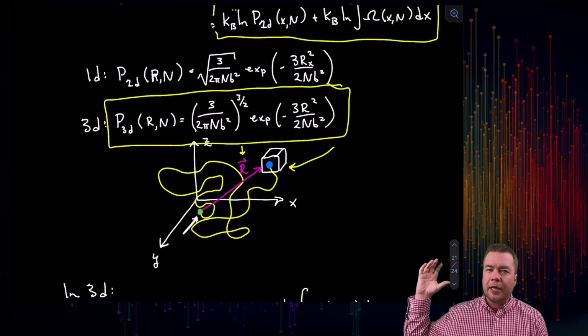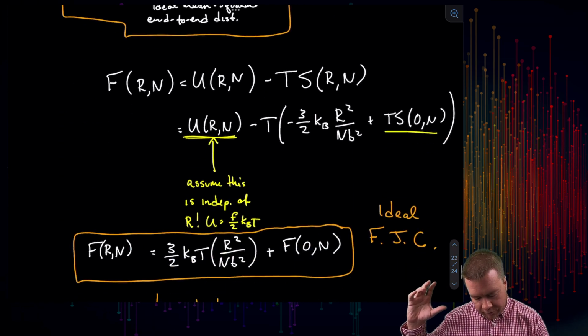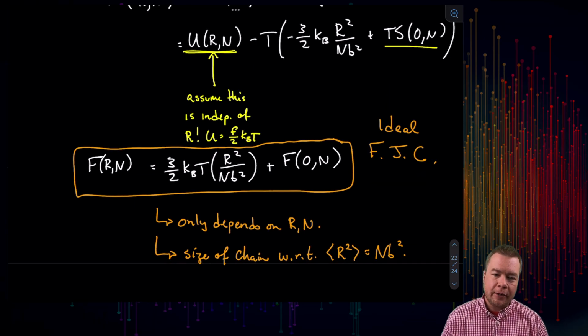Okay, so that's kind of going from our key result here of the free energy all the way back to counting microstates and making that connection. So what we're going to do in the next class or two is we're going to use this connection between the microstates, the free energy, and the fact that this polymer chain is ideal to figure out why the mechanical properties of a material are what they are.